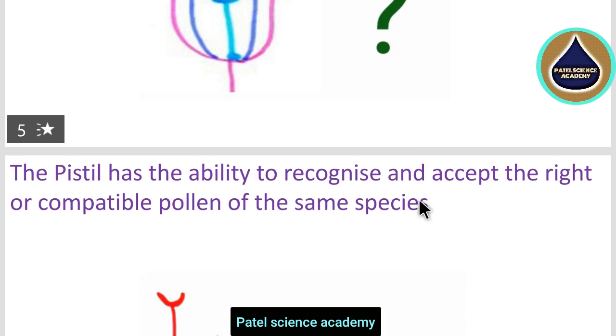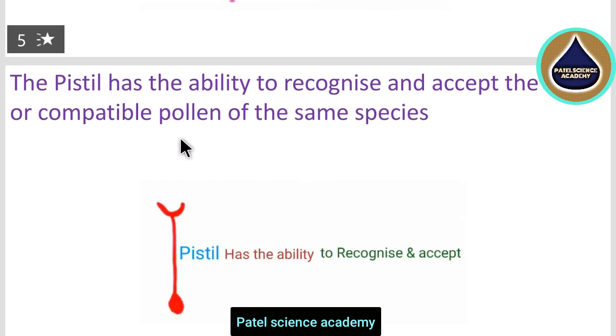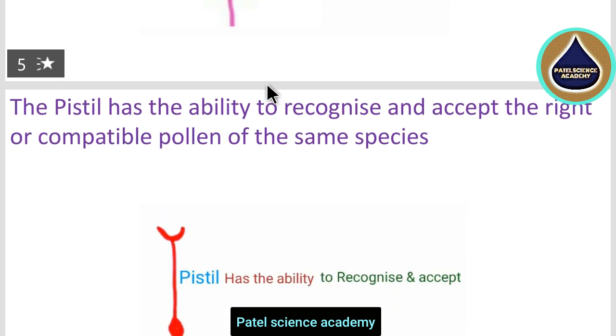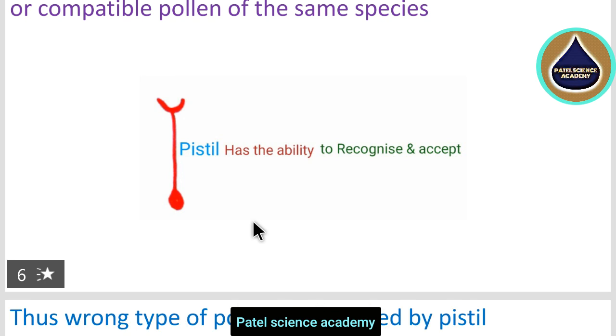The pistil has the ability to recognize and accept the right, or compatible, pollen of the same species. This is a very specific process. The pistil is very specific, and it has the ability to tell which one is its own species pollen grain.